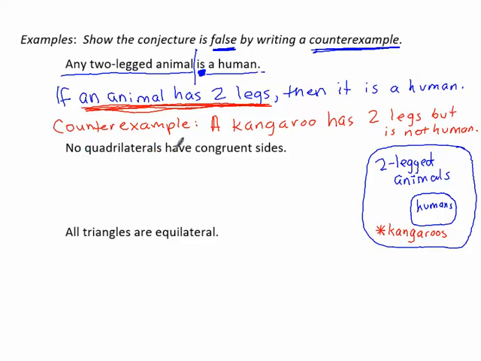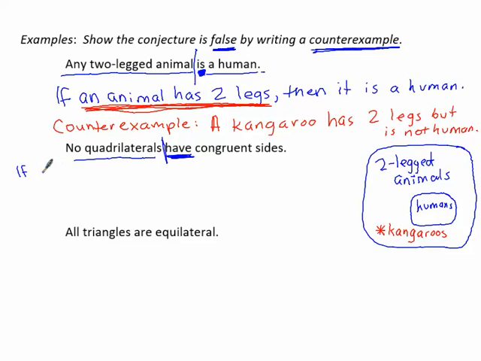No quadrilaterals have congruent sides. Let's start by making this into an if-then statement. Where's the verb? Have. Let's split the sentence there. So the first part has to be about being a quadrilateral.